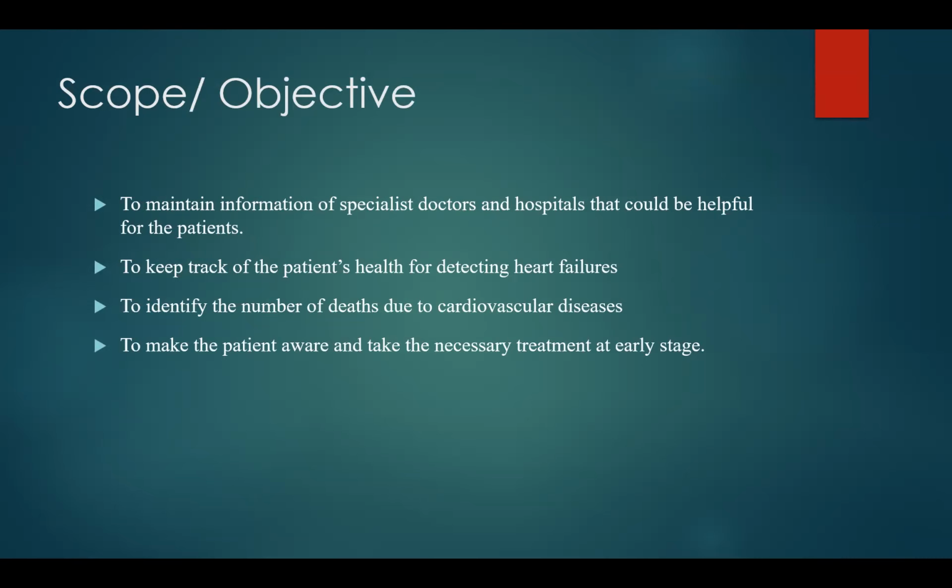Here we are keeping track of the different vitals of a patient which could lead to a specific heart condition, and also to identify the number of deaths due to the cardiovascular diseases in a particular hospital and to get an overall count of it as well, and to also make patients aware when we know that they have a heart condition, so that we can give them early treatment and reduce the number of deaths.